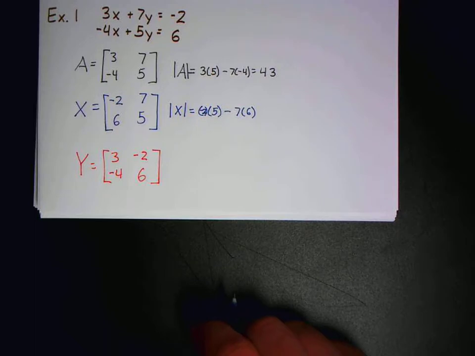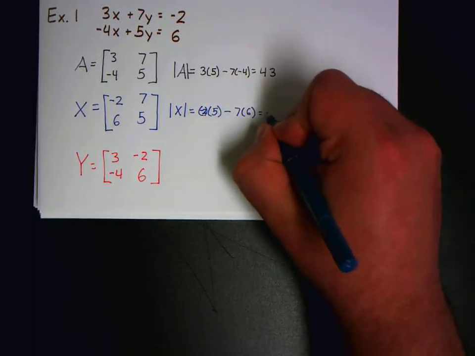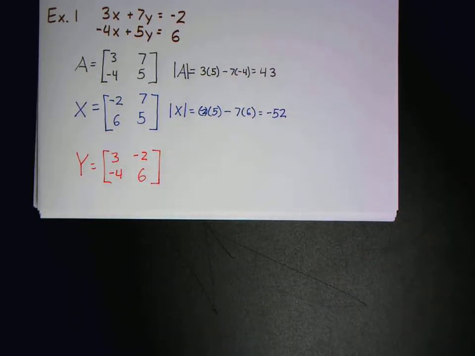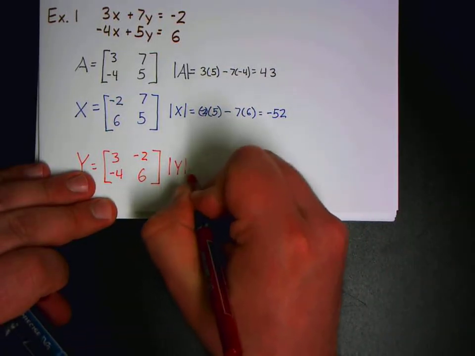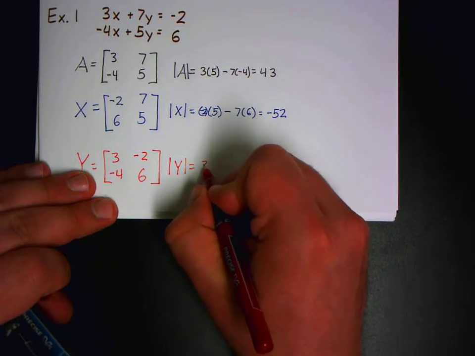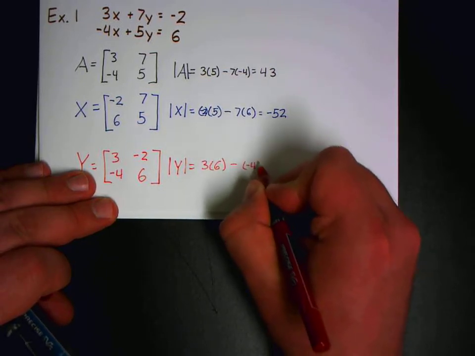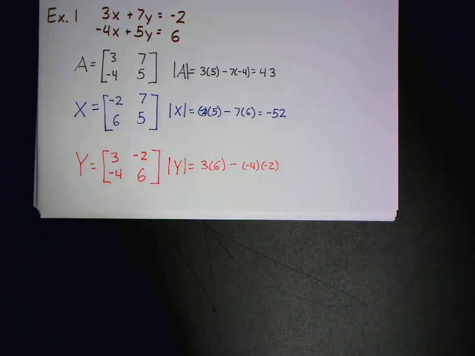So that's -10 minus 42. So it's -52. Determinant of Y equals 3 times 6 minus -4 times -2. So that's 18 minus 8.